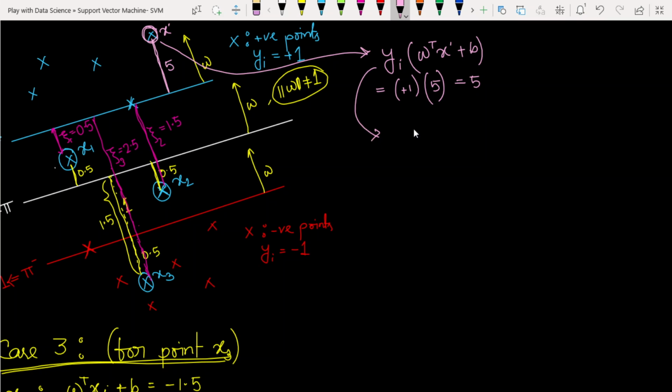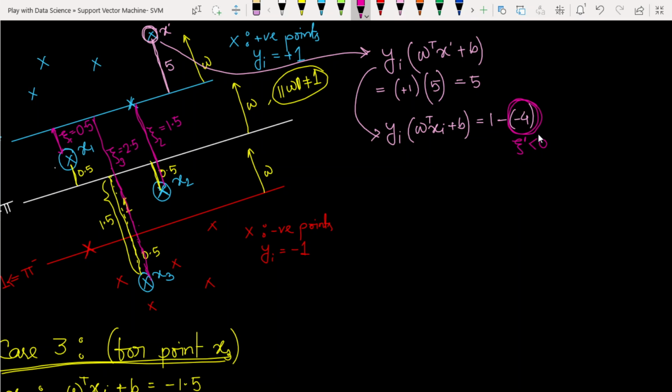Now if I rewrite this equation, this will be 1 minus 5, which is minus 4. I am taking this value for every point. This is called zeta, so this will be zeta dash. So here zeta dash is negative. I think you are understanding.